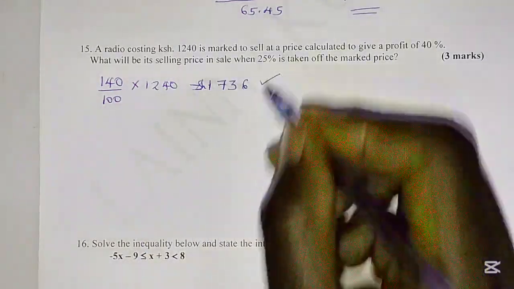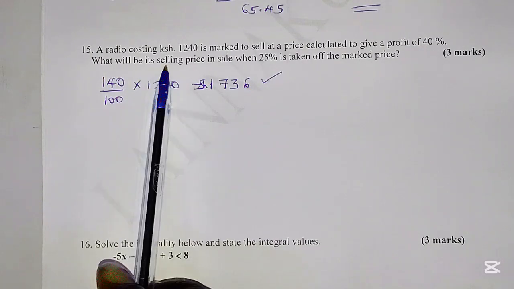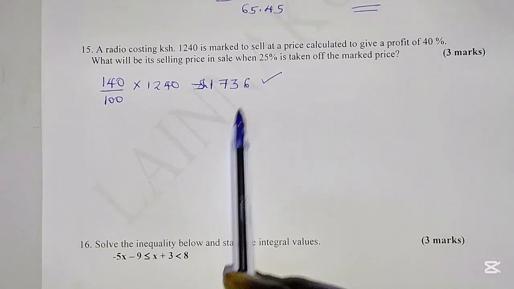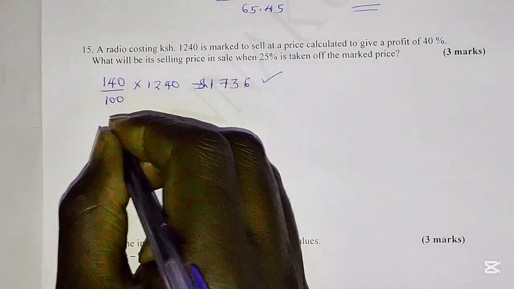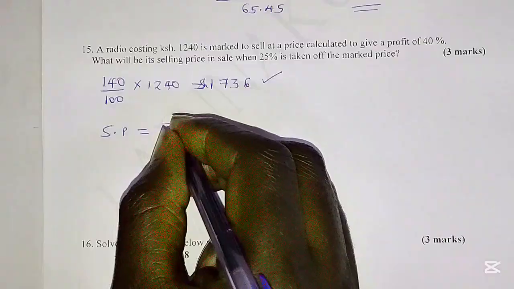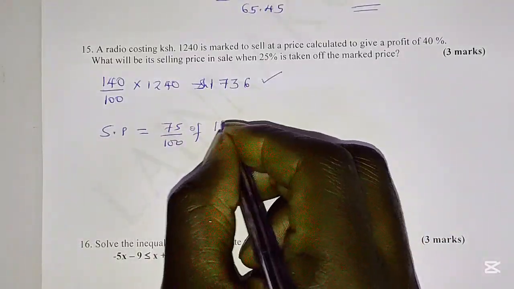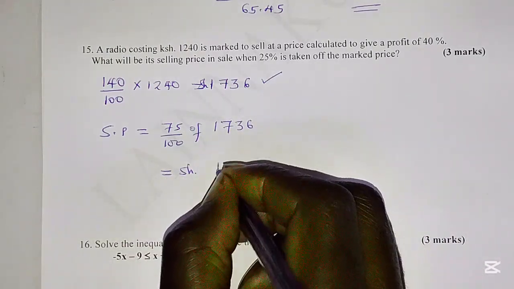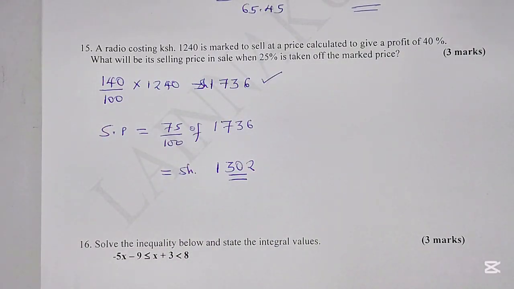So it was marked to sell at this money. But now they want to find the selling price when 25% was taken off this marked price, which means it was sold at 75%. So the selling price is 75% of our marked price, 1736, and this gives us 1,302 shillings.